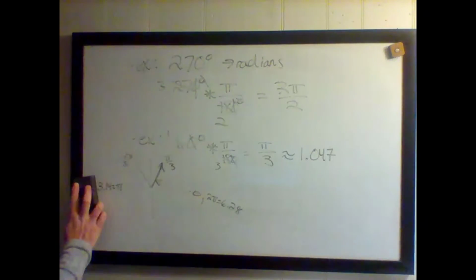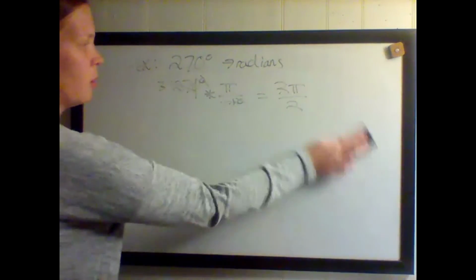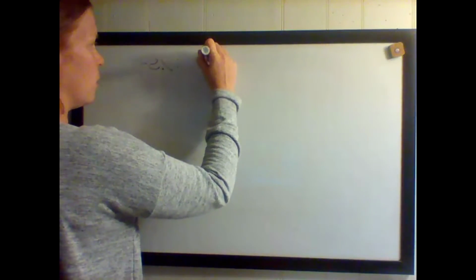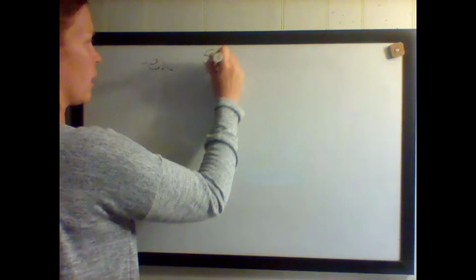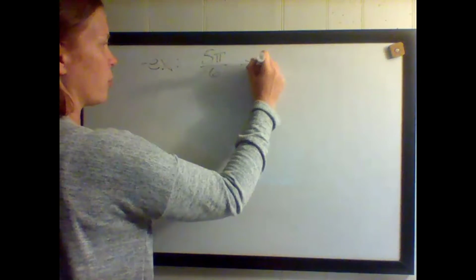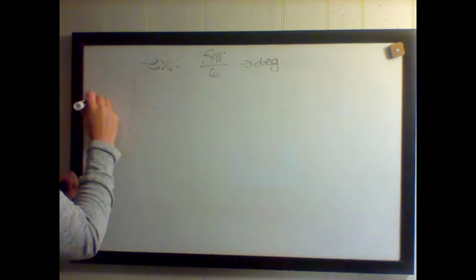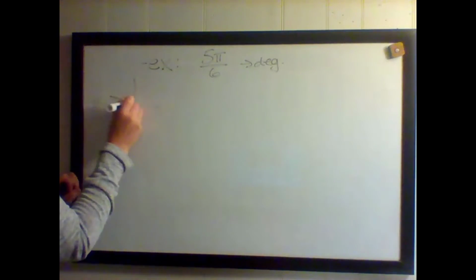Okay. How about, let's go the other way. So that was degrees to radians. Let's do 5 pi over 6 to degrees. And let's kind of think about this. Again, if this is pi, 5 pi over 6 should be somewhere over here.